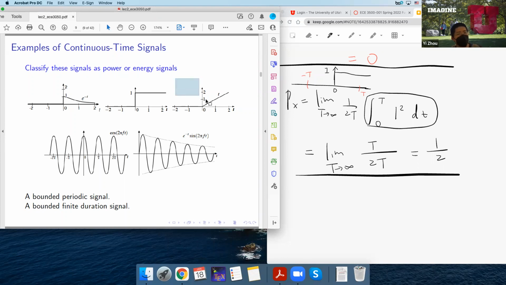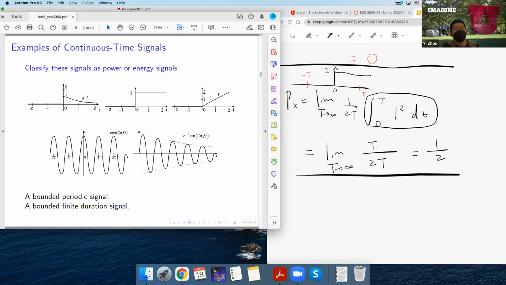Now, how about the third one? It is a causal signal, but the magnitude is linearly increasing in the positive domain. So first of all, talking about its energy, does it have finite energy or infinite energy?